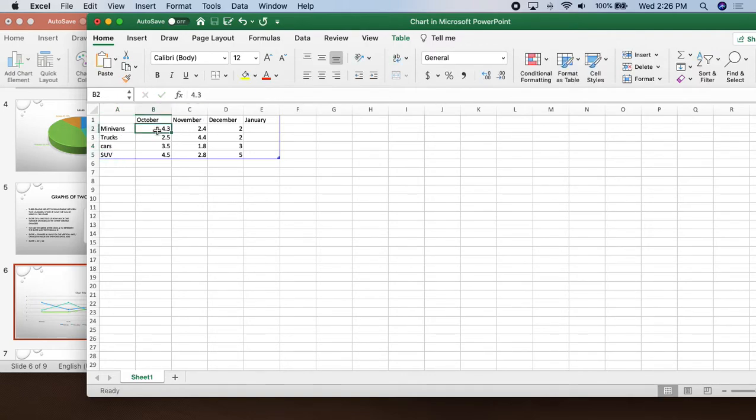Okay, so in October, let's say you sold 10 minivans, and you sold 15 trucks, and then you sold 4 cars, and then you sold 5 SUVs. Okay, and in November, your sales went up, so you sold 11, you sold 17 of these, and you sold 8 cars, and then you sold 10 SUVs.